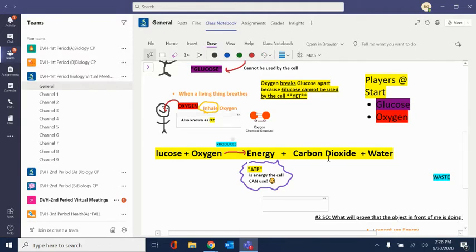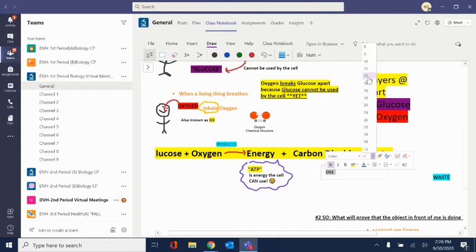Now, we also have another name for carbon dioxide, and that's CO2. I'm sure you've heard of carbon dioxide before. It is also in our air. We breathe it out. Carbon dioxide is not good for us. It should not be in our bodies.